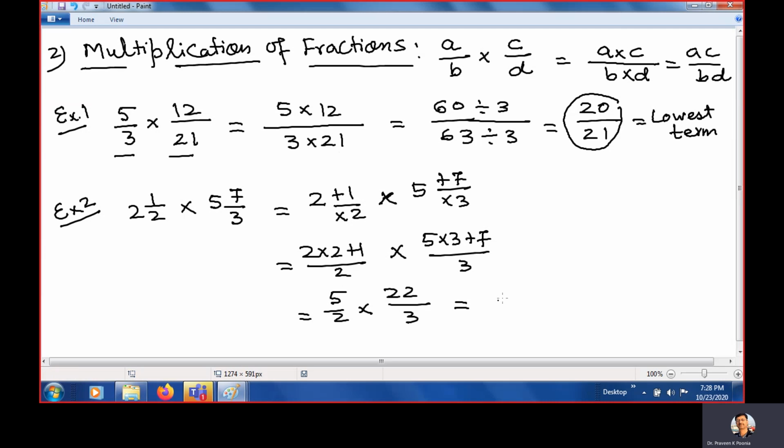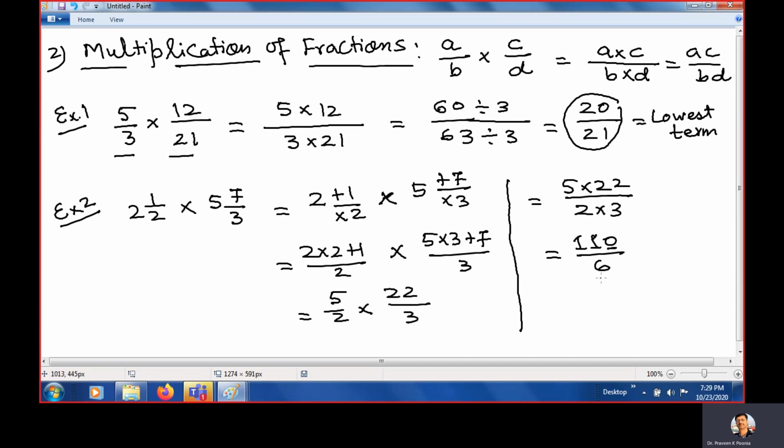And it will be equal to 5 times 22 upon 2 times 3. 5 times 22 is 110 upon 6.